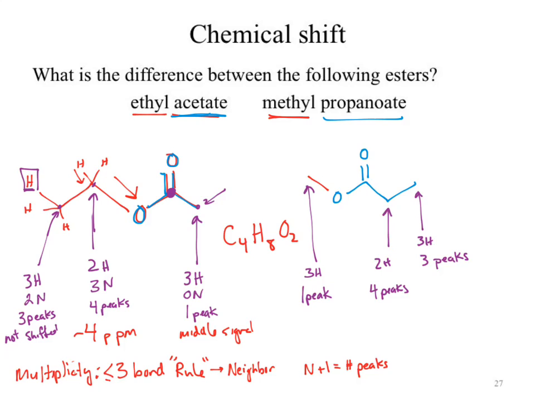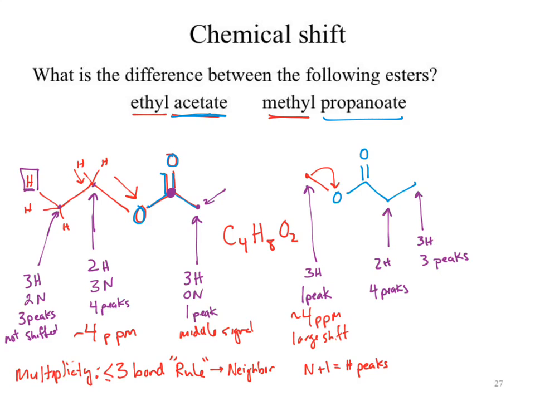What happens to the structure on the left? I mean the right. Thank you, though next time a little louder maybe. Structure on the right. The very first carbon is bound to how many oxygens? 1 oxygen, which means this is going to be a large shift.